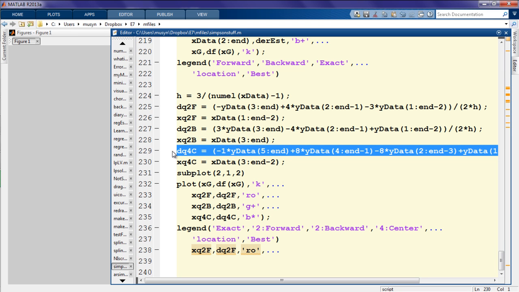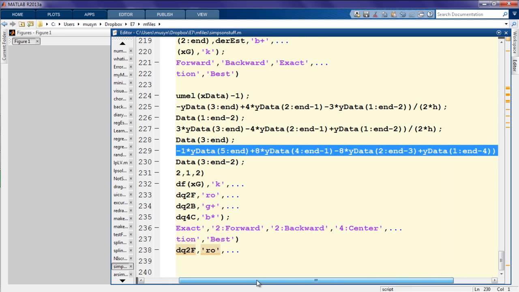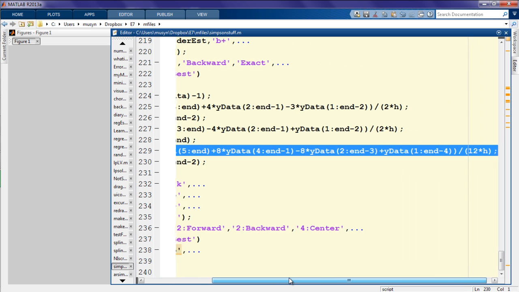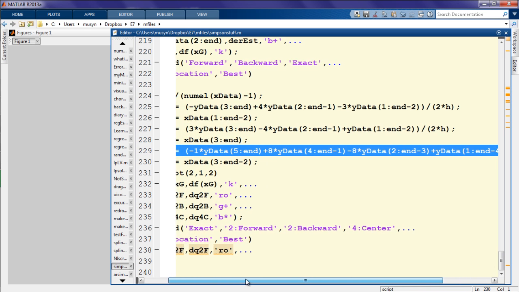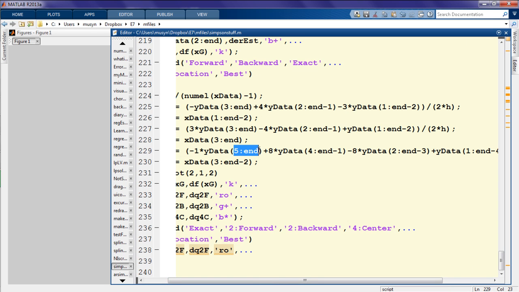And finally, the quartic centered. I'll scroll over here, and you can look carefully at that formula and stop the video and look at it. 12 h's in the denominator. I have y going from 5 to the end, 4 to n minus 1, x goes from 3 to n minus 2, then y also goes from 2 to n minus 3 and 1 to n minus 4.